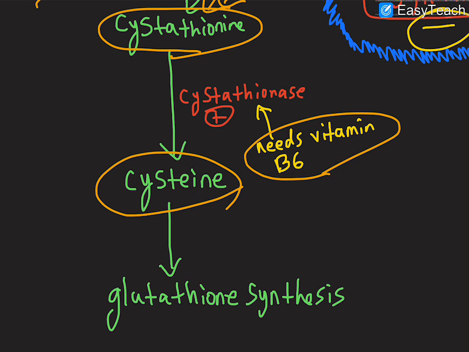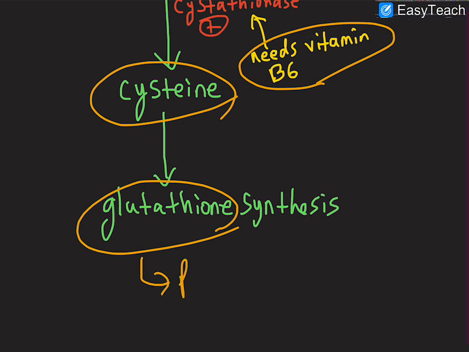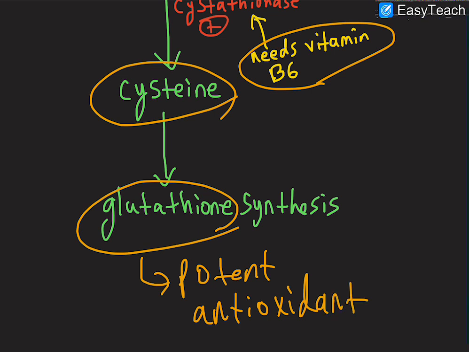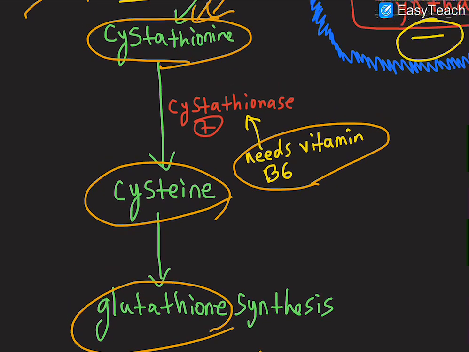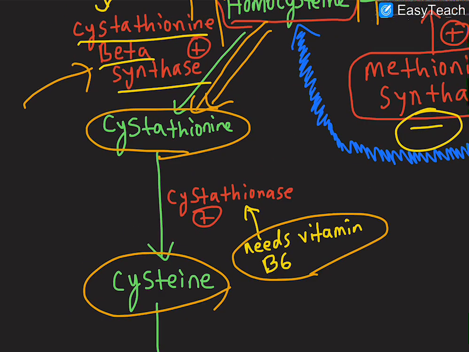It's really important to remember that you need cysteine in order to form glutathione, and glutathione is a potent antioxidant. So it's important to have adequate levels of glutathione so you don't get free radical reactions occurring continuously. So that's the transsulfuration pathway.